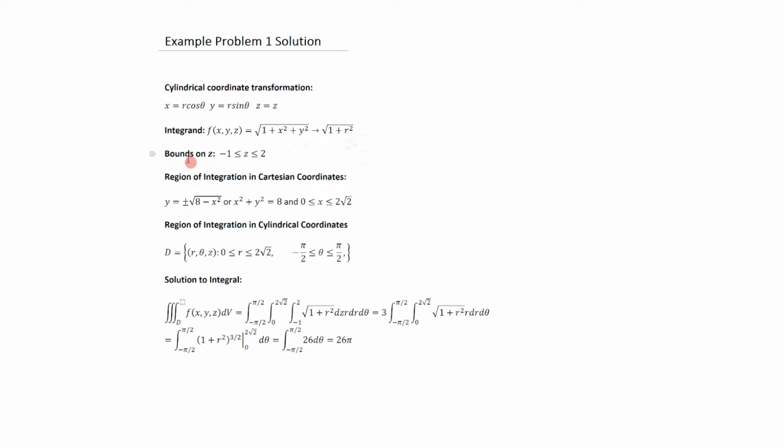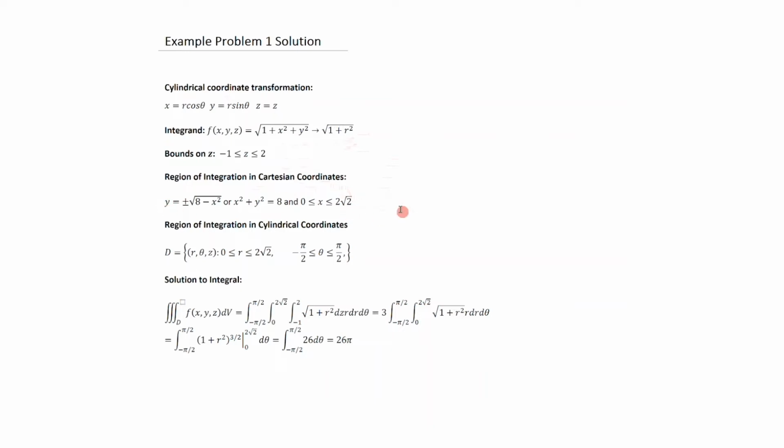The bounds on z basically remain the same, so minus 1 is less than or equal to z, which is less than or equal to 2. And the region of integration in Cartesian coordinates was basically y equals plus or minus the square root of 8 minus x squared, or you could effectively write this in equation form as x squared plus y squared equals 8. And the limits on x were 0 less than or equal to x less than or equal to 2 root 2.